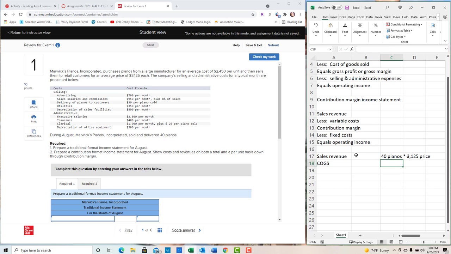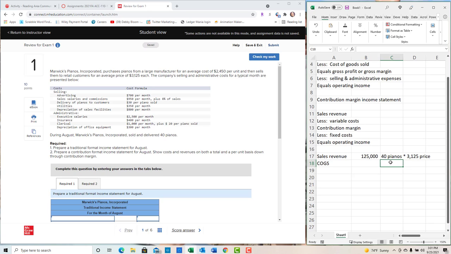So I just wrote that down so you know what I'm doing. In Excel or in my calculator, I just take 40, multiply that by 3,125, and I get 125,000 in sales revenue.